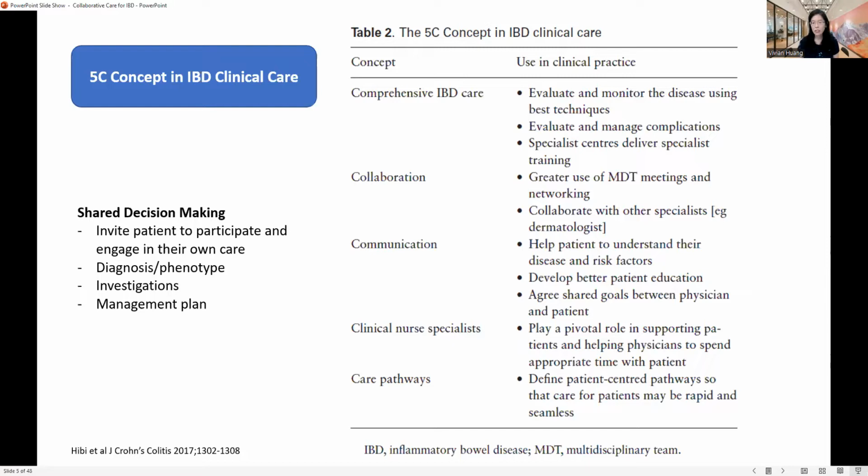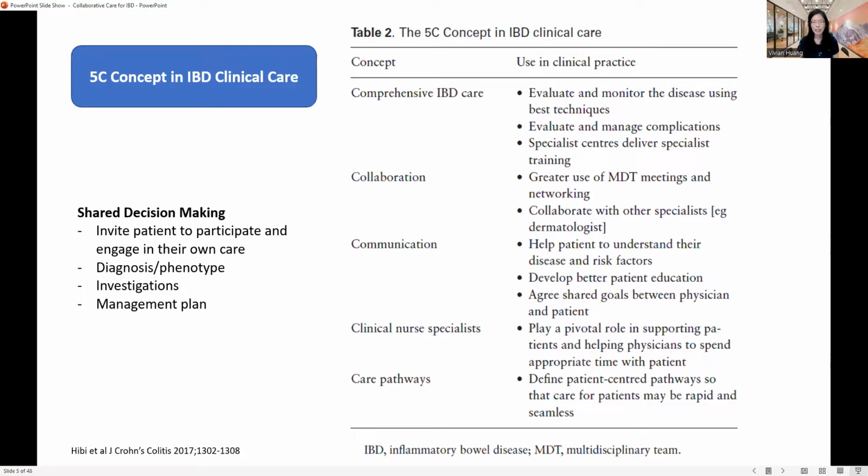And of course, clinical nurse specialists play a huge pivotal role in supporting those patients and helping the physicians to spend the appropriate time with the patient. Also, many patients may not disclose things directly to their physicians, and often the disclosure is with their nurses and nurse specialists.